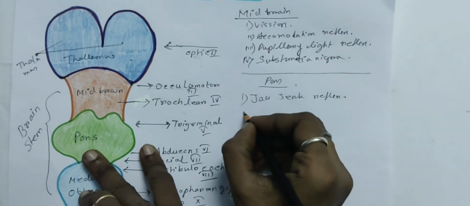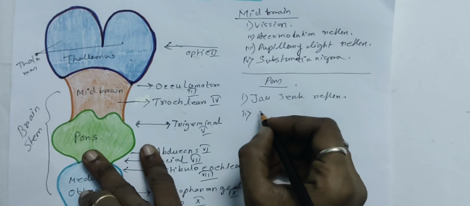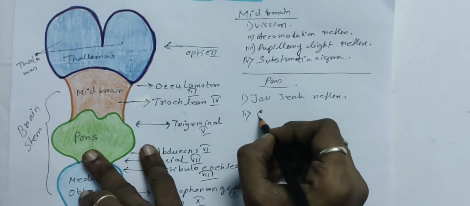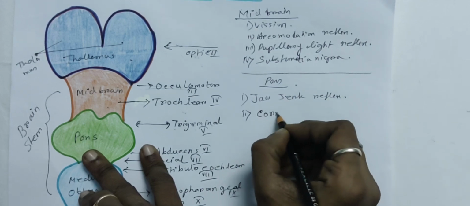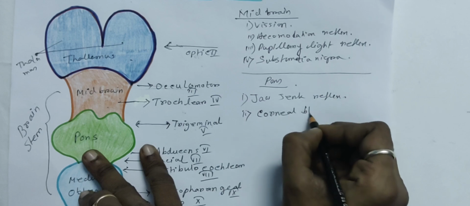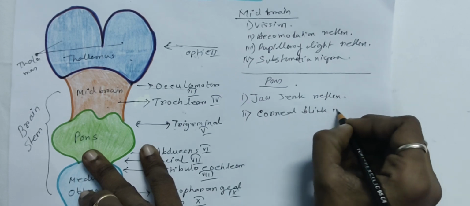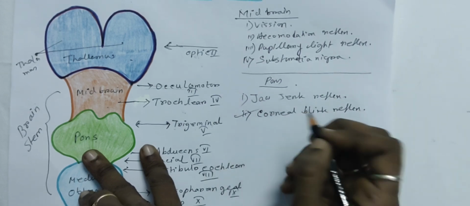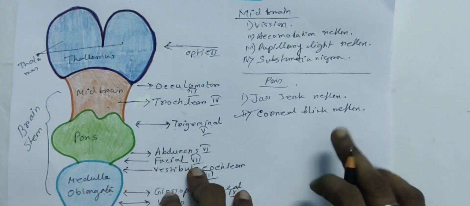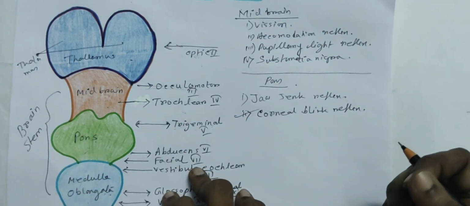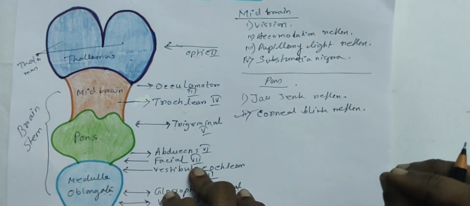There are other reflexes also associated with the pons. The next is the corneal blink reflex. What is that? If we rub our cornea, our eye blinks.